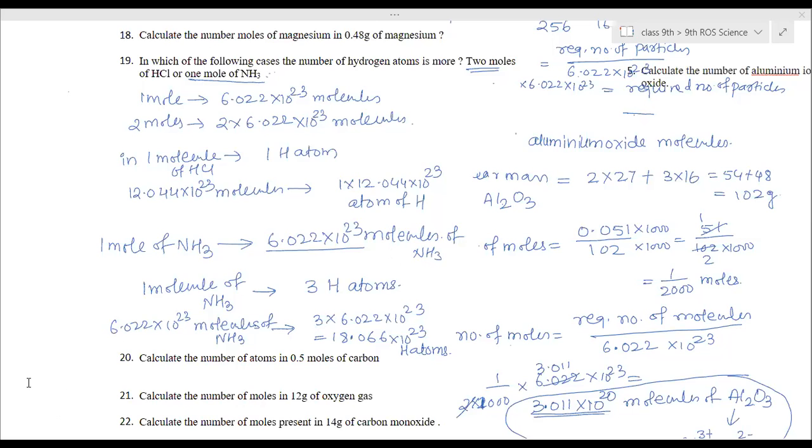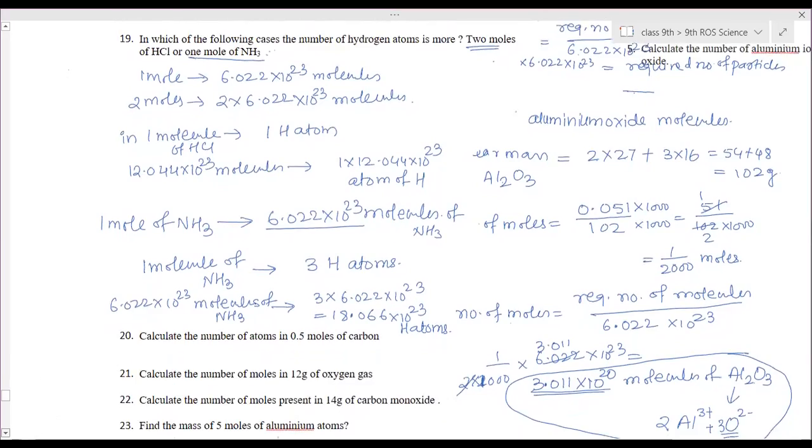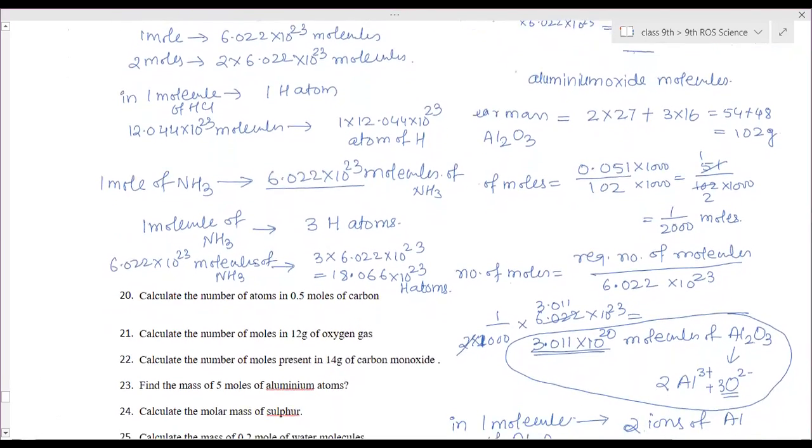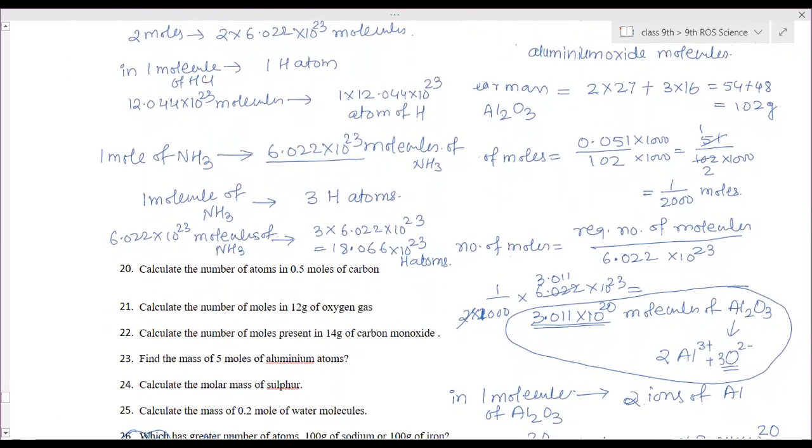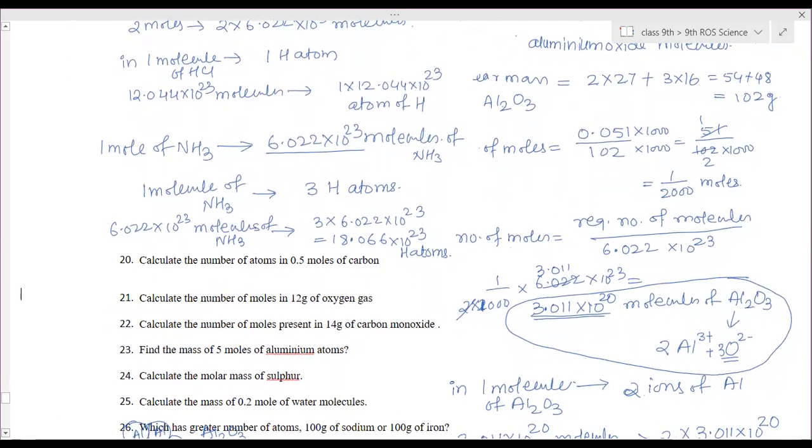Do it now. Ma'am, oxygen gas, you have to take it as O2.